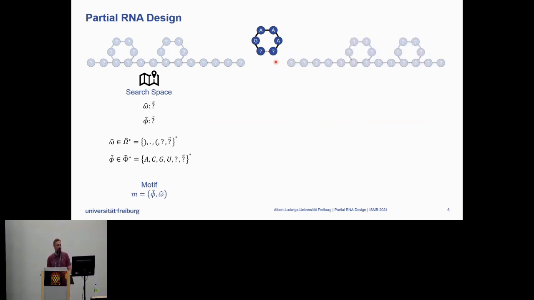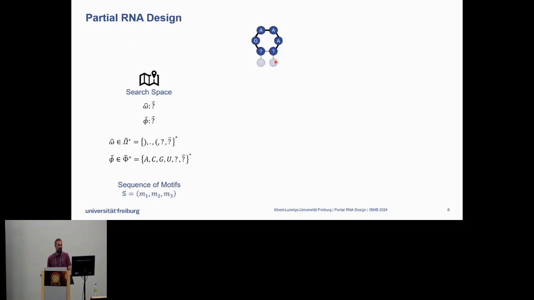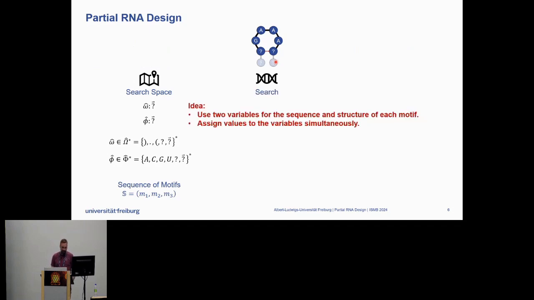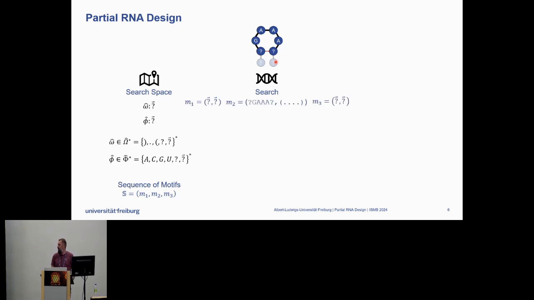And of course, we can also do that on the other side of our loop region. And then our search space translates to a sequence of motifs, M1, M2, M3. 2 of them are defined by this variable length wildcards only. Now, when we search in this search space, we simply use 2 variables that define the sequence and the structure part of each motif, and we assign values to these variables simultaneously.